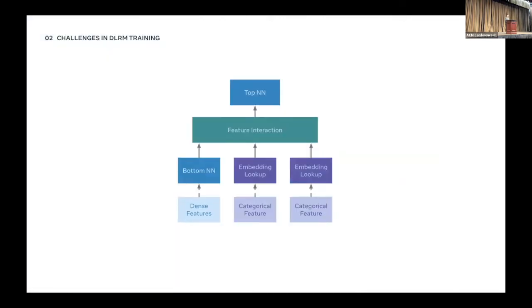Now if we look at what the DLRM architecture looks like, the first difference that we'll notice is that DLRM typically takes both dense features and categorical features as inputs. And by categorical features, I mean sparse integer IDs as model training data inputs.